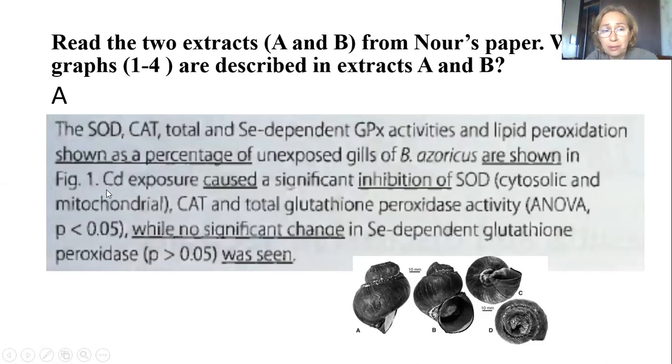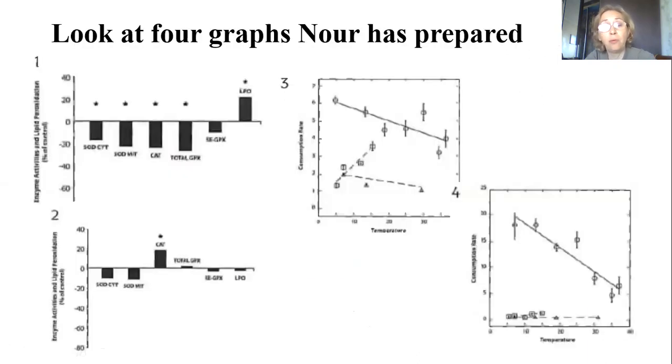And Cd exposure is a kind of negative factor which influences the object negatively, and caused a significant inhibition. Inhibition here has the meaning of suppression, slowing down. So this is a kind of negative process, right? A decrease of something. And where do we see the deterioration of all the data?